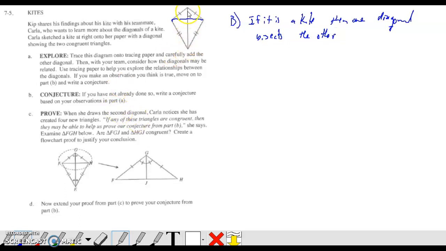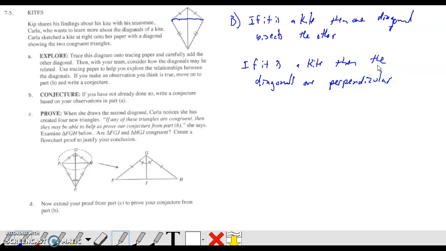What else do I know? I noticed that this looks like a vertical line and a horizontal line. So maybe I might write something like this: if it is a kite, then the diagonals are perpendicular. Okay.